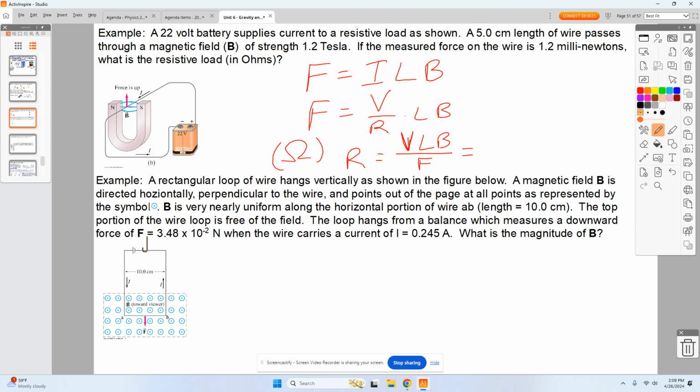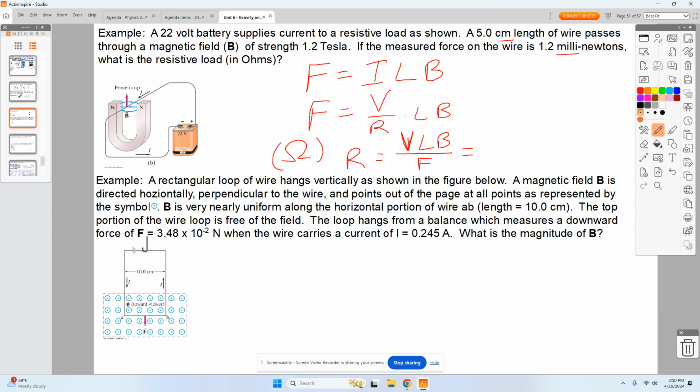That means the electric potential has to be in volts. L must be in what? Meters. B must be in Tesla. And F must be in newtons. This is millinewtons. That's centimeters. So if I'm going to get the right value for ohms, not milliohms or kiloohms or microohms, I want ohms. I need to have everything be the SI unit.